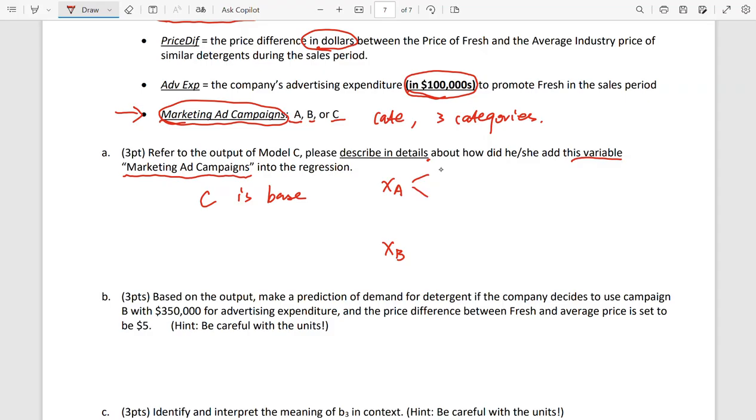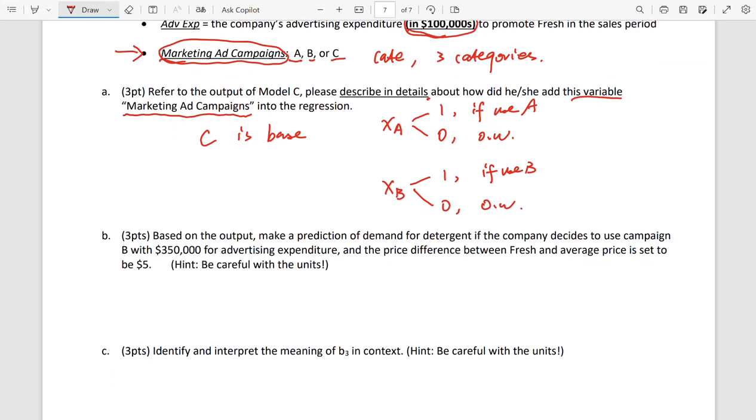For A, if we use campaign A, then this variable equals 1, and 0 if we don't use A. Again, the dummy variable for B equals 1 if we use B, otherwise 0. So this is how we define the dummy variables.